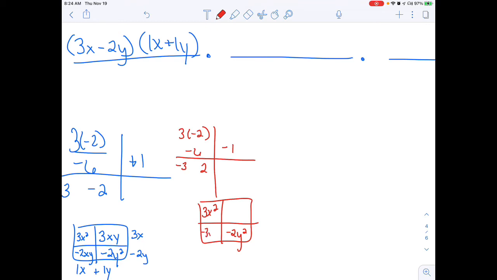Find our GCFs: 1x minus 1y, and going down here, 3x plus 2y. Fill that in on the bottom left: x minus y, 3x plus 2y. Yes, I didn't put the ones on the x and the y of the first one because it's not really that important. All right, let's move on.